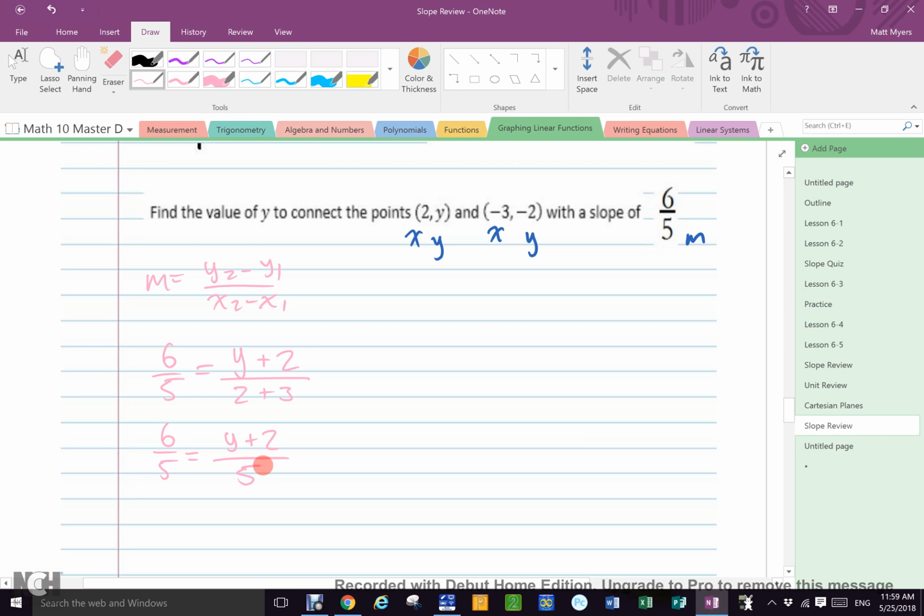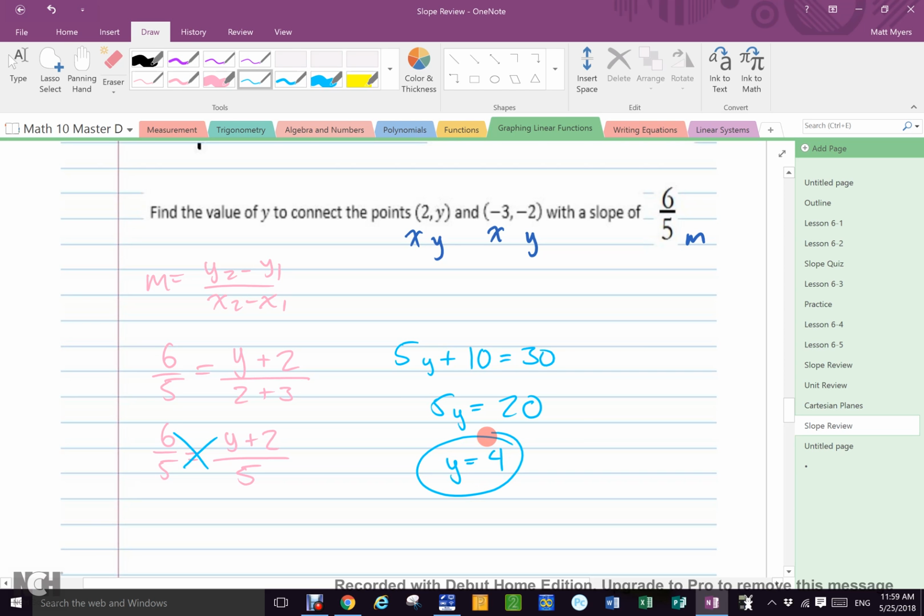What do you do every single time you see a pair of fractions? Cross them. 5y plus 10 equals 30. 5y equals 20. Y equals 4. Done like dinner.